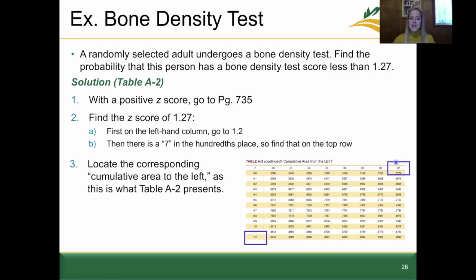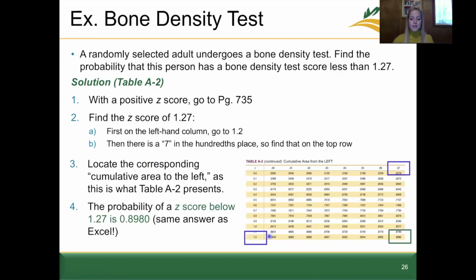Then remember, for this table A2, we're finding the cumulative area to the left. For a z-score of 1.27, we get an area, therefore a probability value, of 0.8980. That is the same answer we got using Excel. That's what we expect to get.